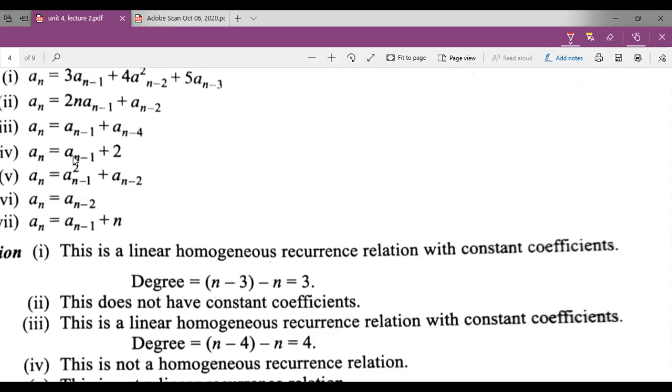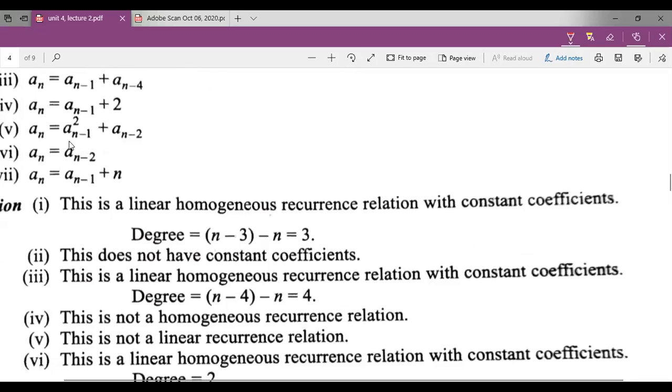The fourth one is not a homogeneous recurrence relation, because a constant term is present. So this is not a linear homogeneous equation. The fifth one: aₙ = a²ₙ₋₁ + aₙ₋₂.